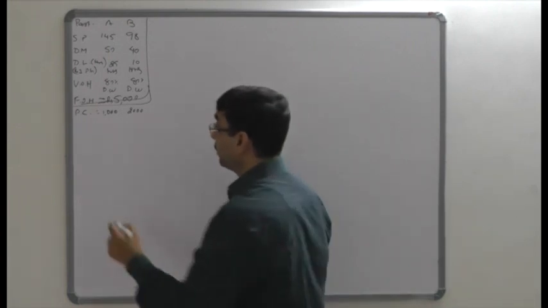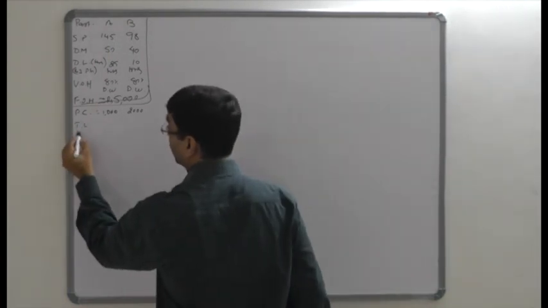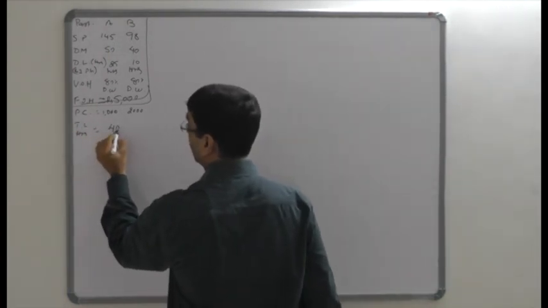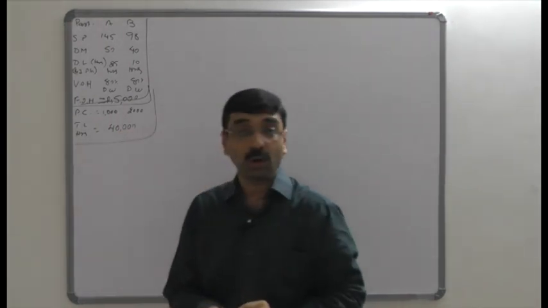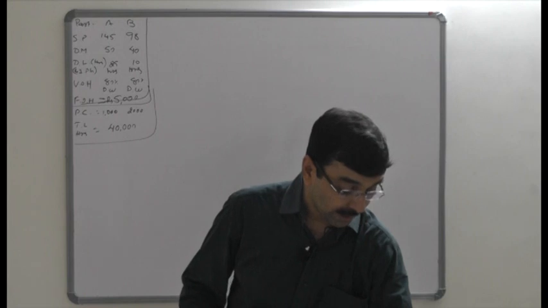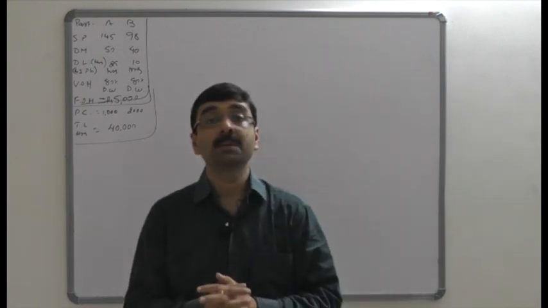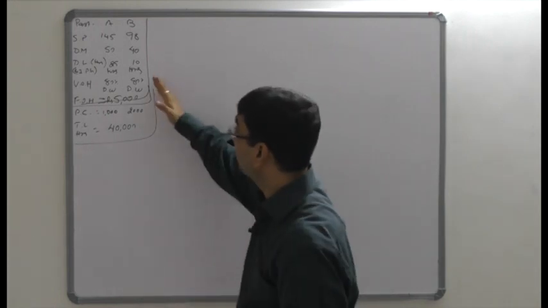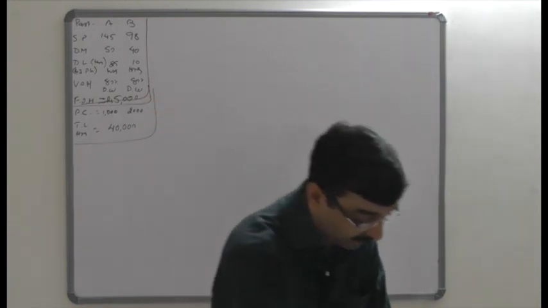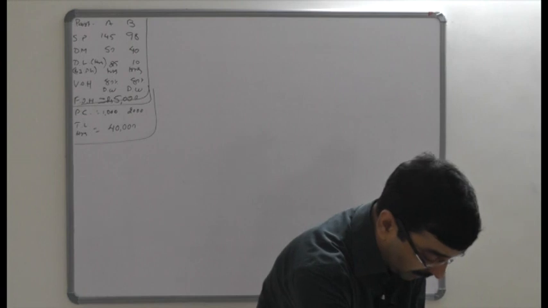So in case the total labor hours are 40,000, how would these hours be utilized for manufacturing the products so that the maximum amount of profit can be earned? So this is your information, and from this information let's begin to solve the question.